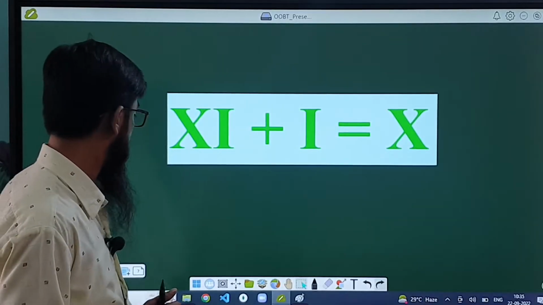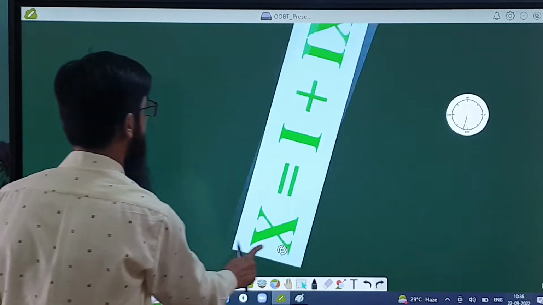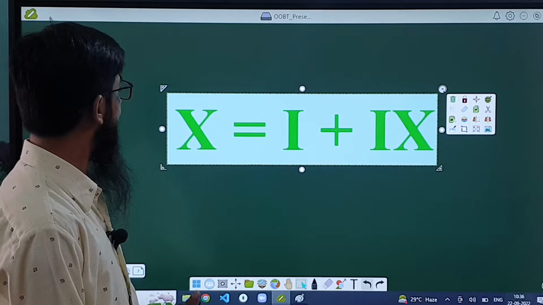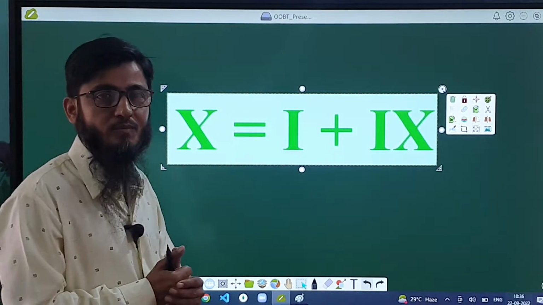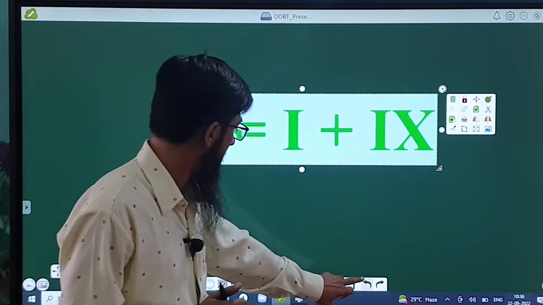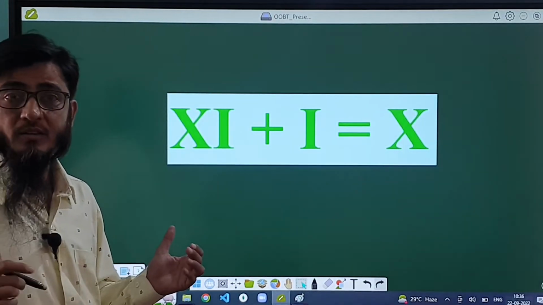If I rotate this, X is equal to I plus IX. So this is how I think outside the box. Is there any other way?